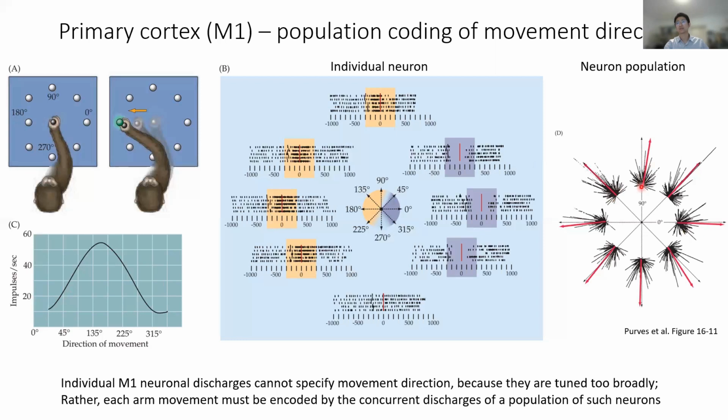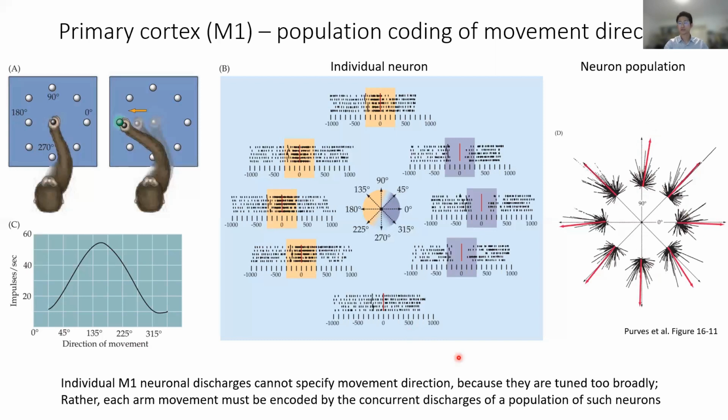This shows the population activity of these neurons. When at a certain direction we sum up all the neurons, the sum of this activation points to the movement direction. Although it's not perfectly aligned, we see clearly that if we rely on the group of neurons, it gives us a more accurate prediction of the movement direction.